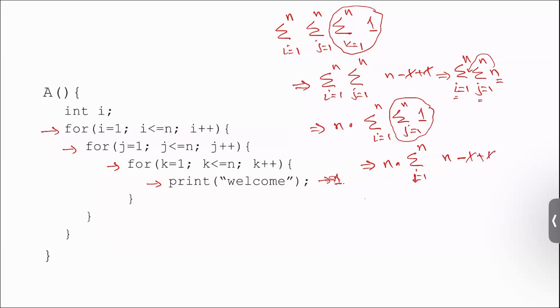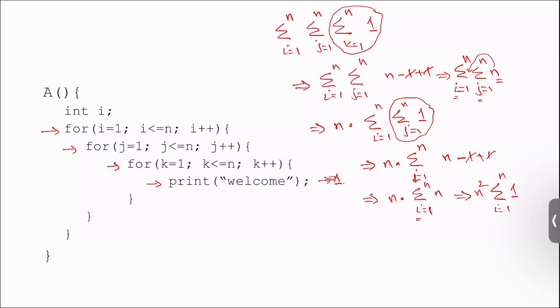So n times summation i from 1 to n, the remaining is n. Now this n is constant with respect to this side. Let me move this n outside. When I move this n outside, n will be multiplied with n, which makes it n square. And summation i from 1 to n, and the remaining is 1 only.